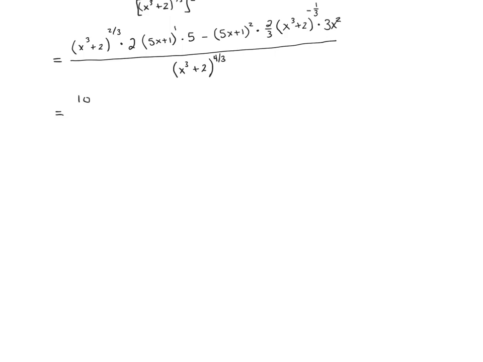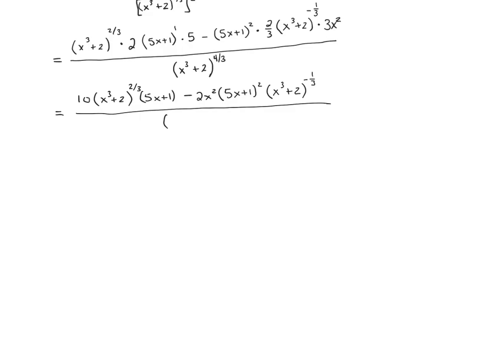We obtain 10 times x cubed plus 2 to the 2/3 power times 5x plus 1 minus 2x squared times 5x plus 1 quantity squared times x cubed plus 2 to the negative 1/3 power, and that is all over x cubed plus 2. Now don't get lazy and stop writing that denominator. Carry that denominator throughout.